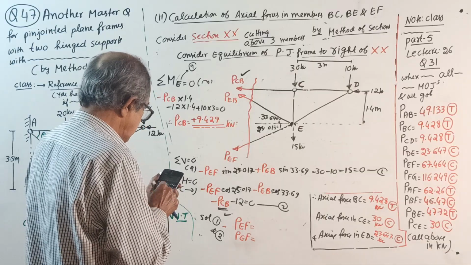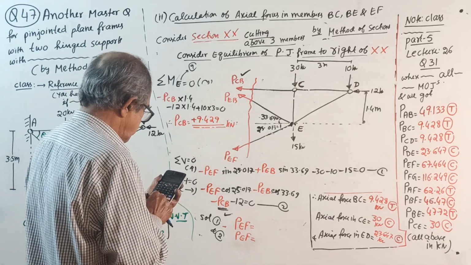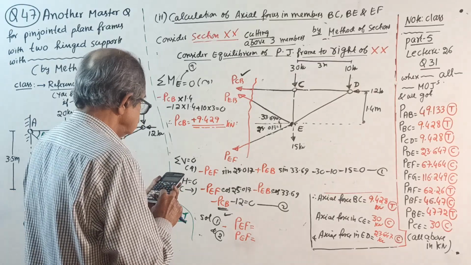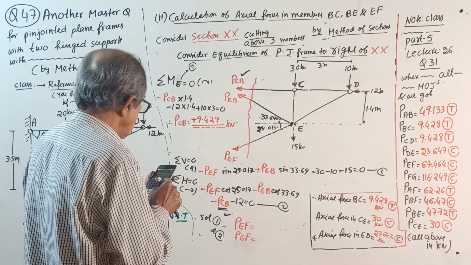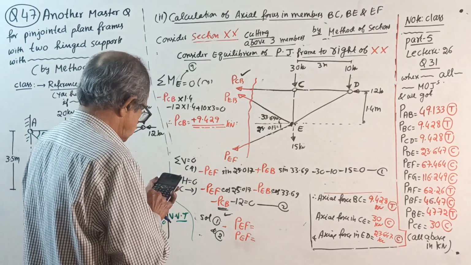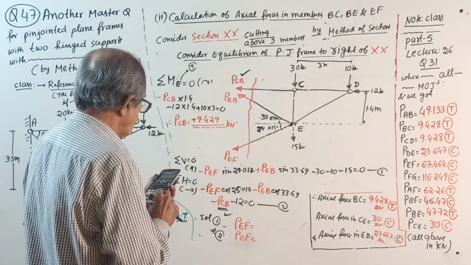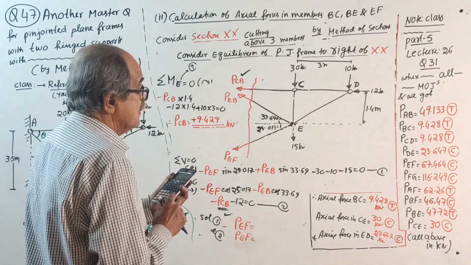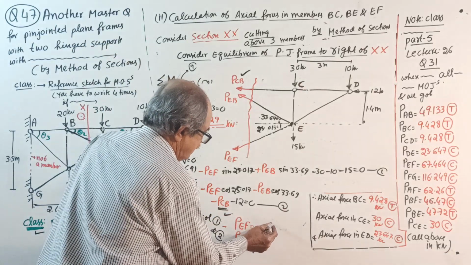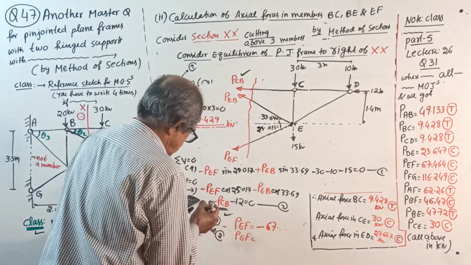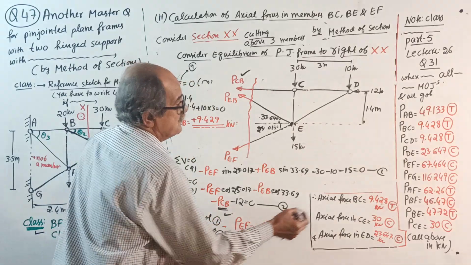Next, minus cos 33.69. Lastly, PCB 9.429 plus 12 equal to minus 67.464. Yes, see here.